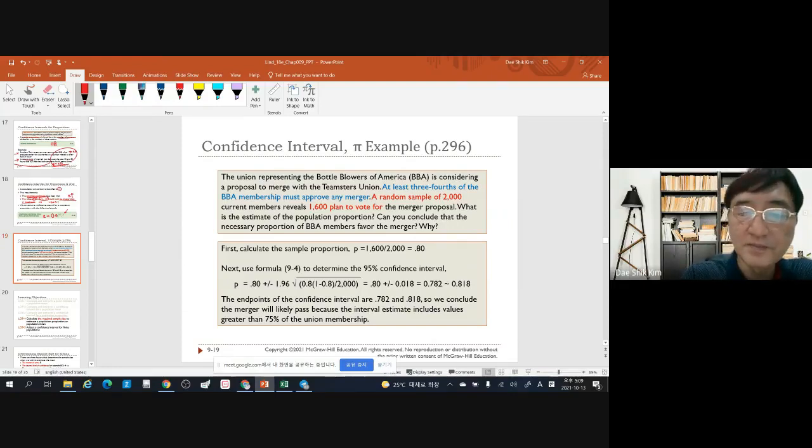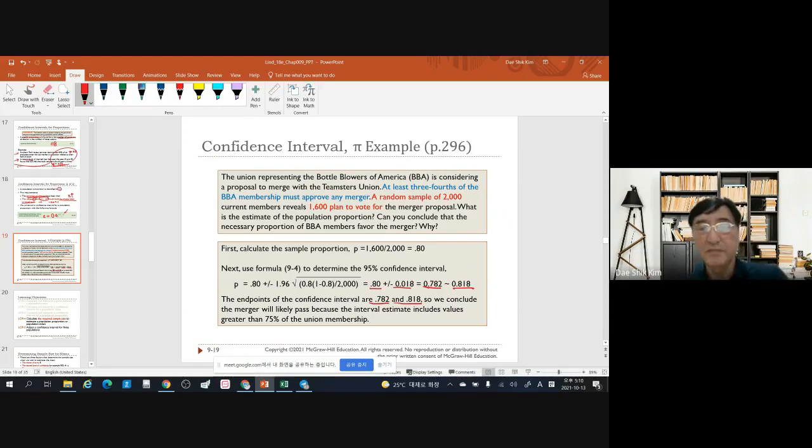Then subtract and add to get the interval. We conclude that the lower limit is even higher than 75%, so the merger will likely pass because the interval estimate includes only values greater than 75%.